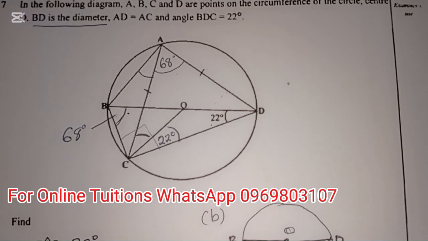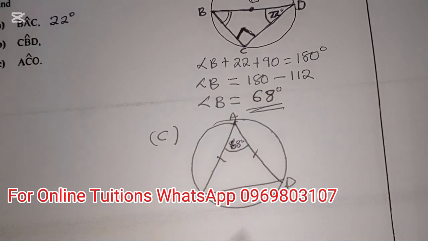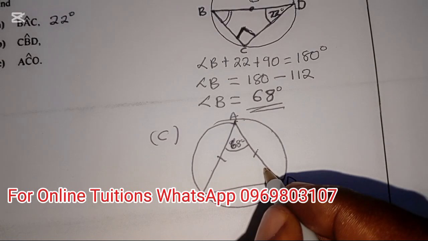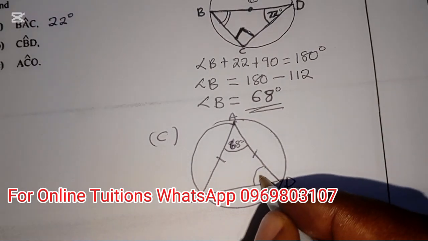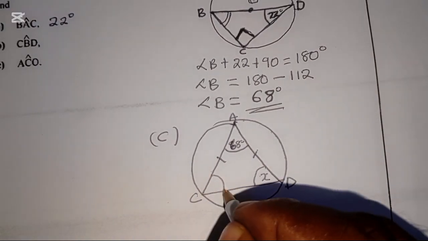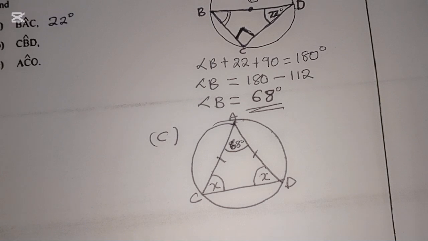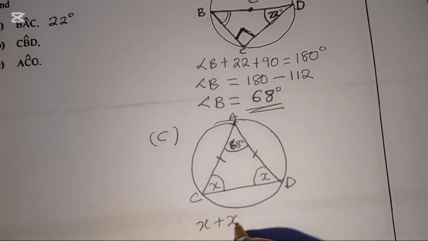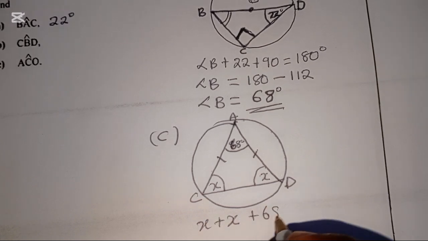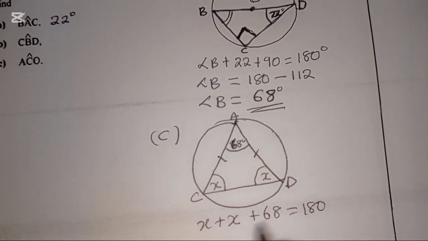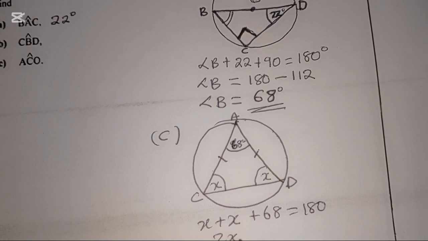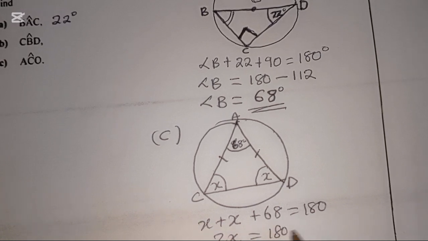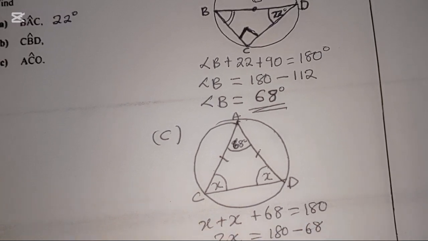So now part C, this is how we have to do it. So how do we find this angle? Let's say this is x, this is also x. Why? Because the two angles are the same. So we'll say x plus x plus 68 is equal to 180. So x plus x, it is 2x is equal to 180 minus 68.